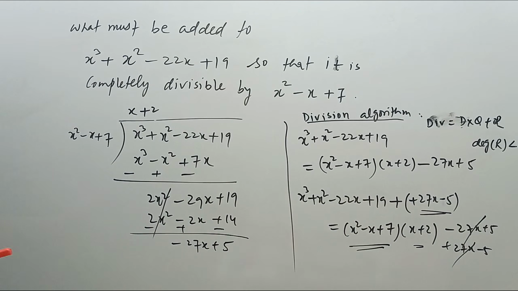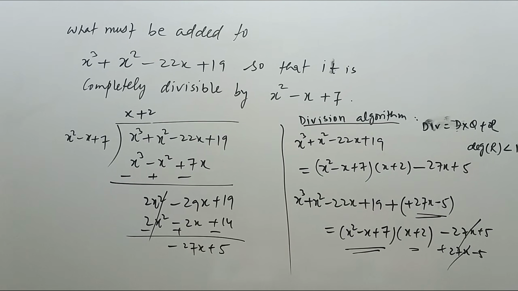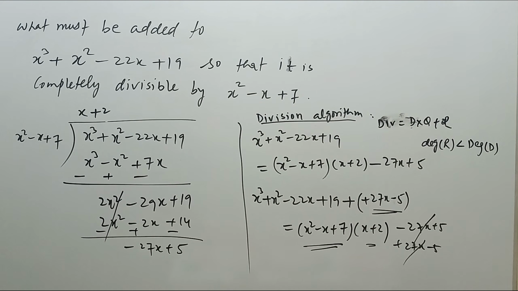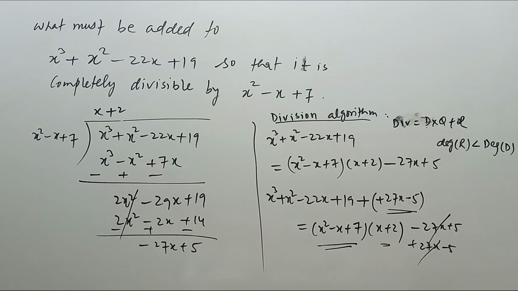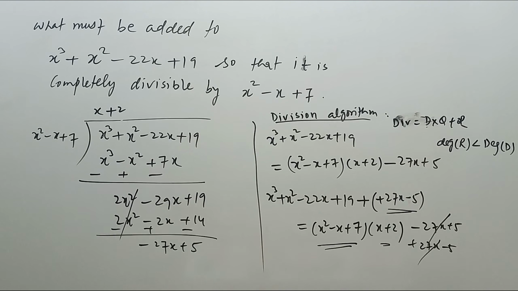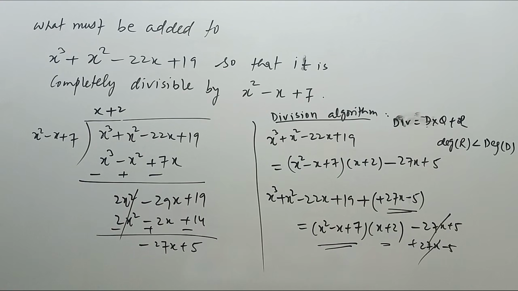This is what we have learned in the division algorithm, right? We can solve this without even finding this long division method. We can directly look into this division algorithm. So I'll let you know with another example how we can do this.